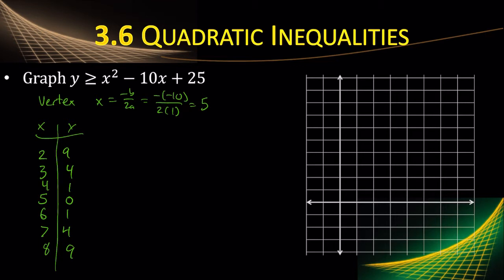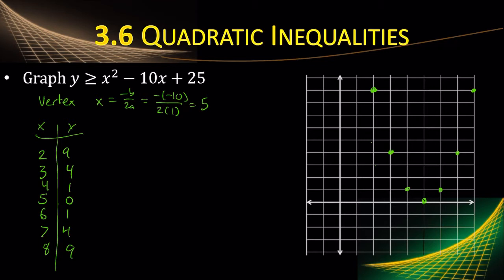All right, so graph those: 2, 9; 3, 4; 4, 1; 5, 0; 6, 1; 7, 4; 8, 9. All right, so those are all the points.